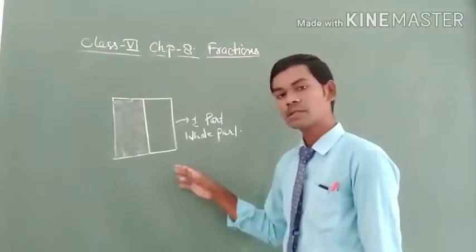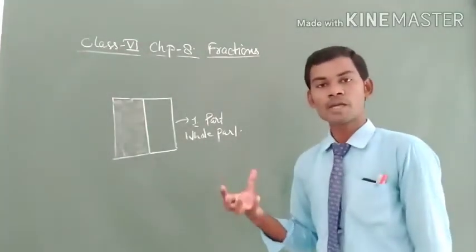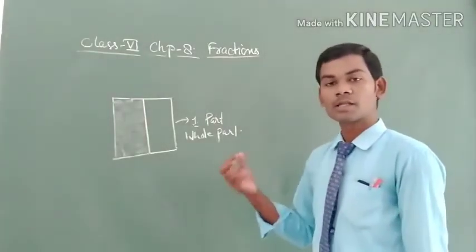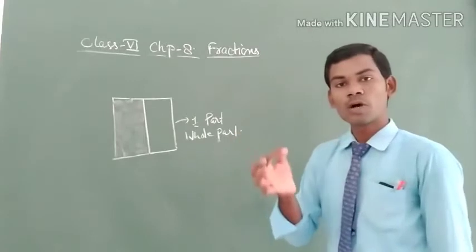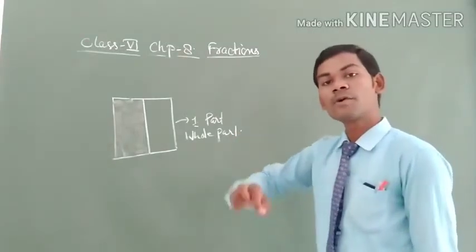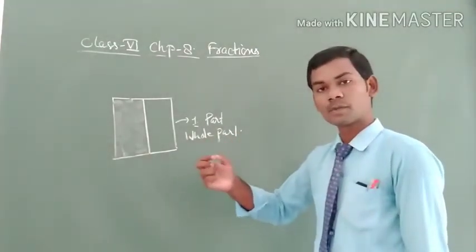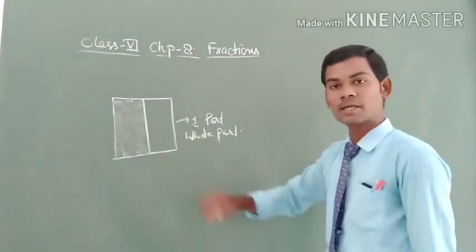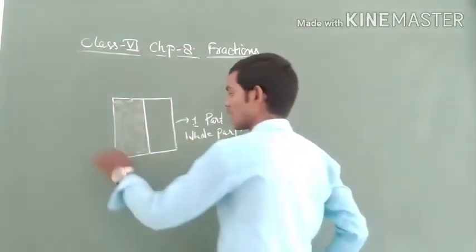So if I ask how much of the square is shaded, then we say one part out of two parts. One part out of two has been shaded here.